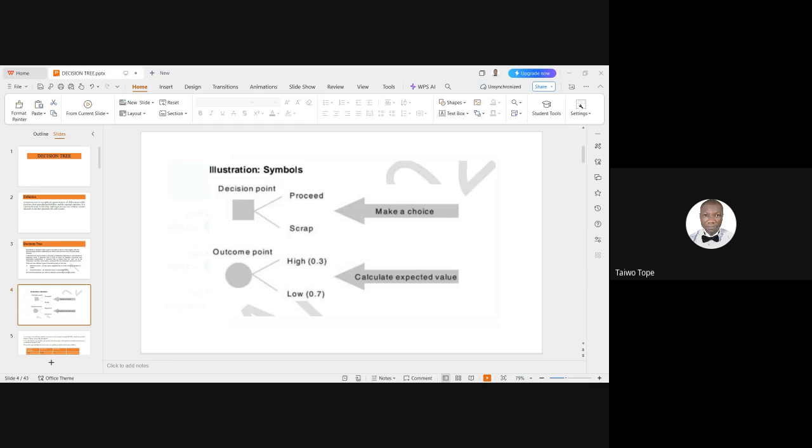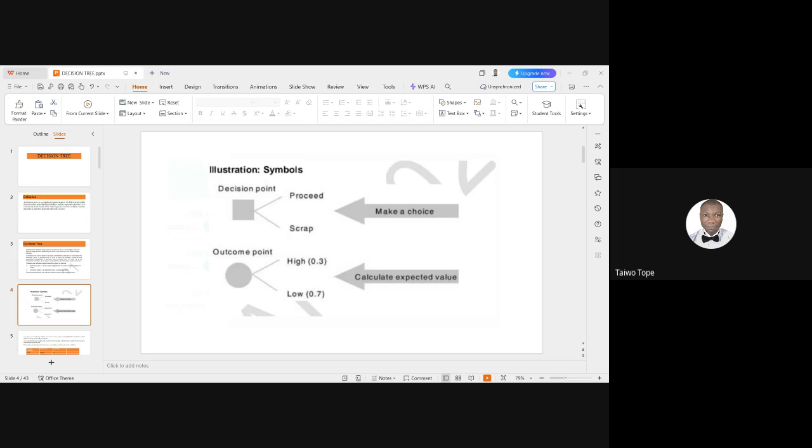Yes. So in decision tree, you draw your tree forward, but in making your decision, you walk backward. You walk backward.